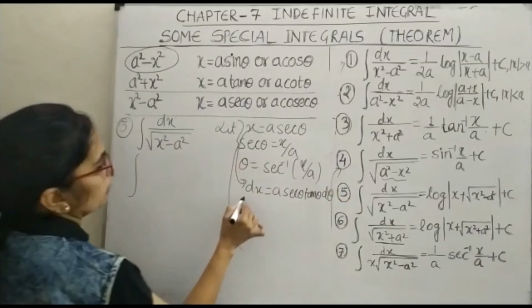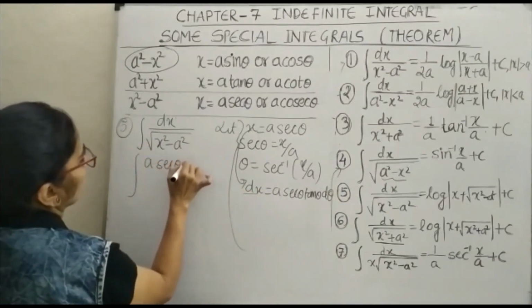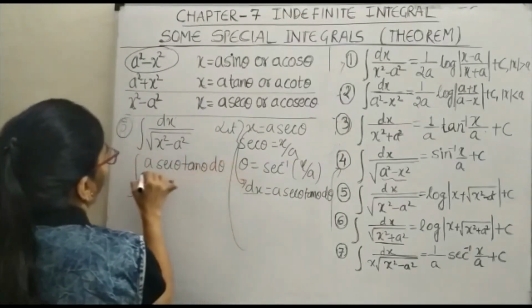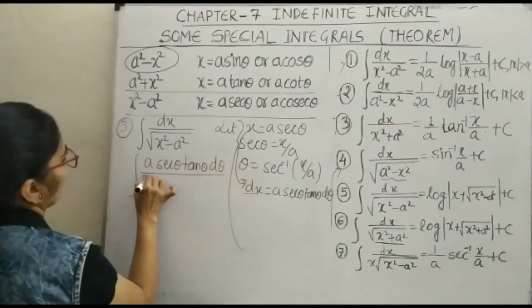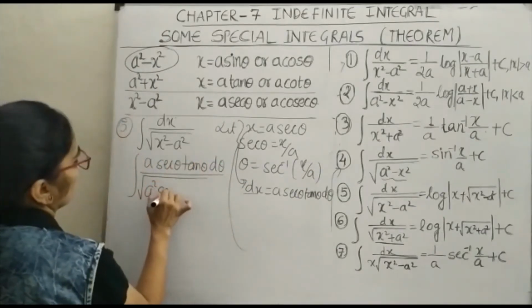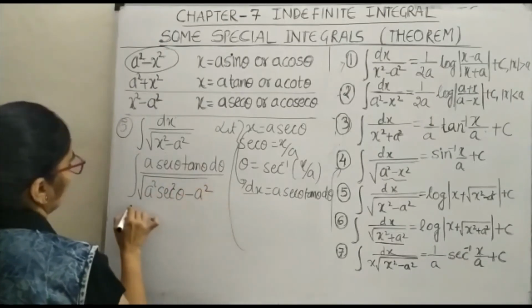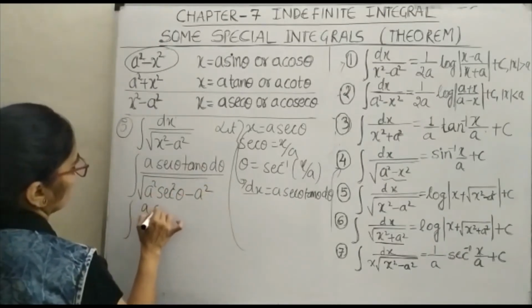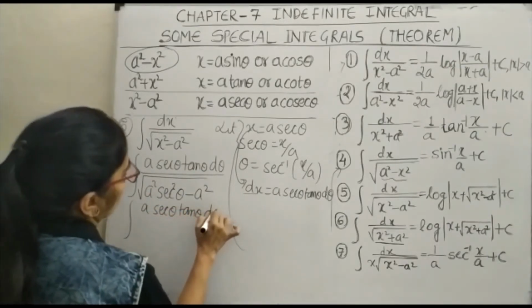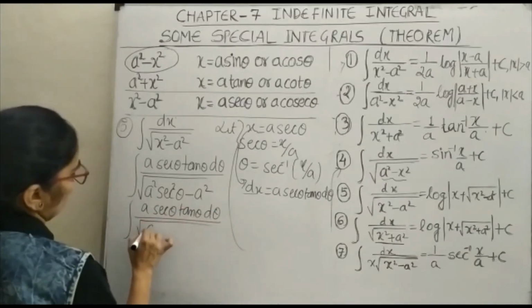ये आपका हो जाएगा dx that is a sec theta tan theta d theta upon under root what is x, that is a square sec square theta minus a square. This is again a sec theta tan theta d theta upon under root a square.